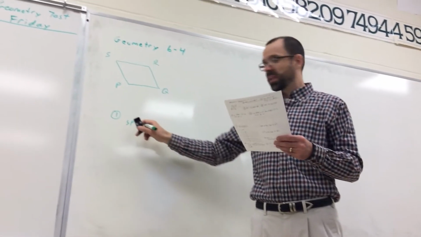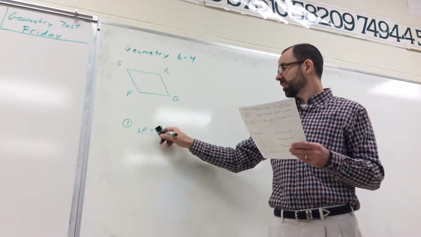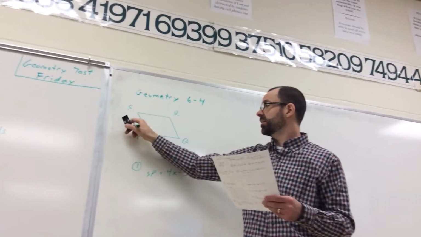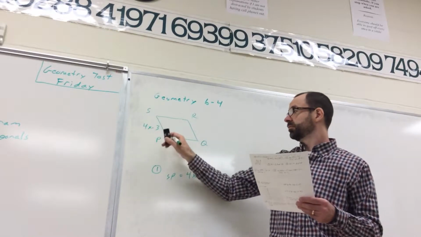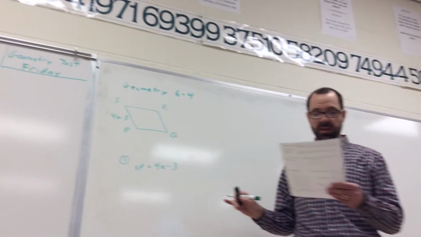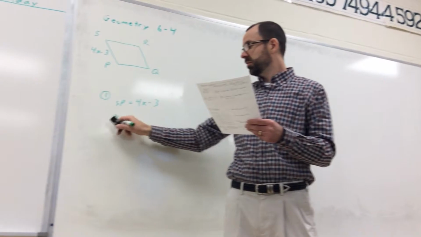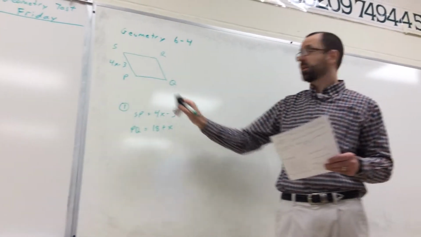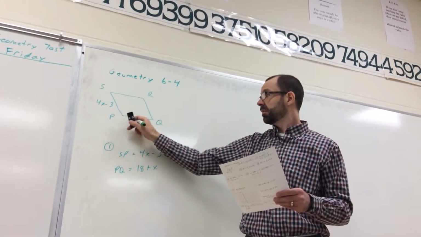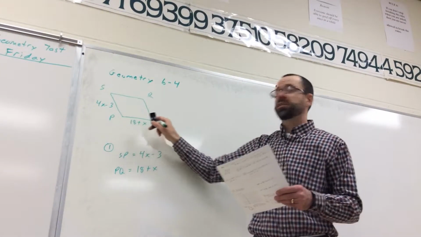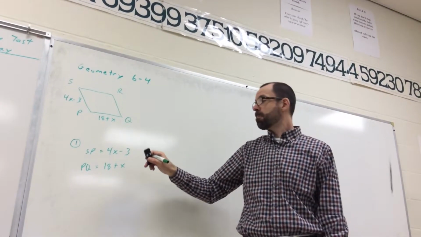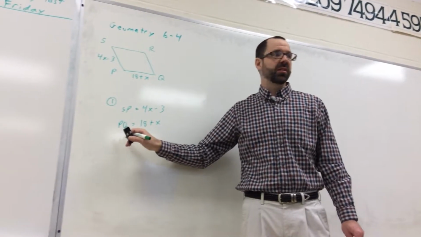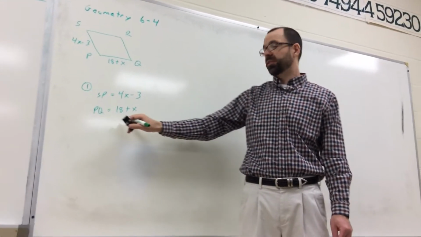And number 1 says that SP is 4x minus 3, so that means I could go over here and label that as 4x minus 3. And then it also says that PQ is 18 plus x. So I could come over here and label that as 18 plus x. And then, of course, it says figure out what x is. So how are we going to do that?